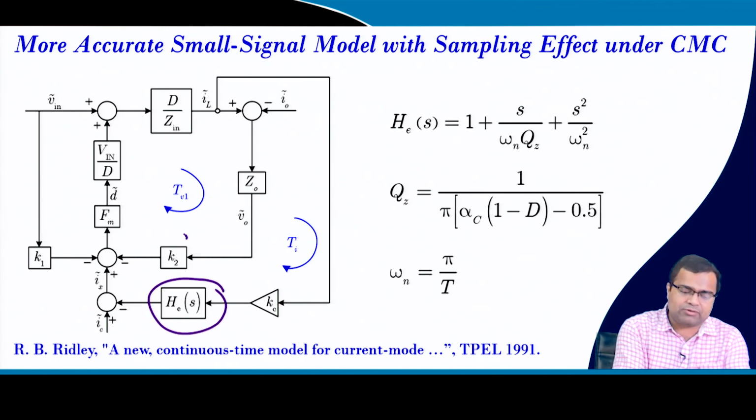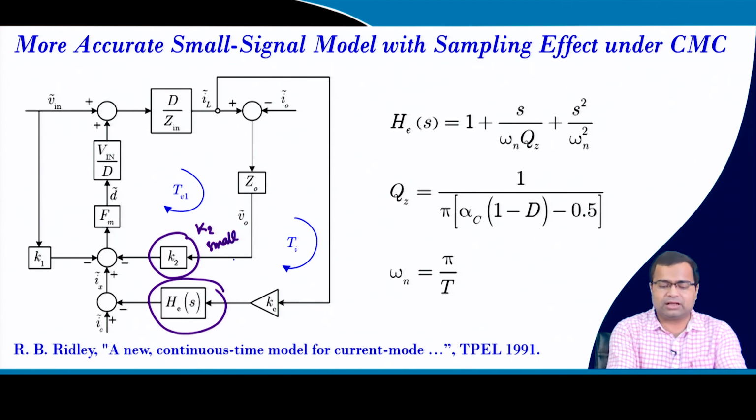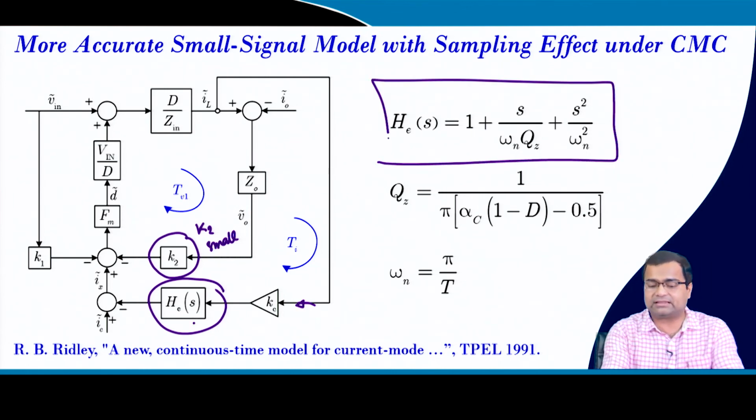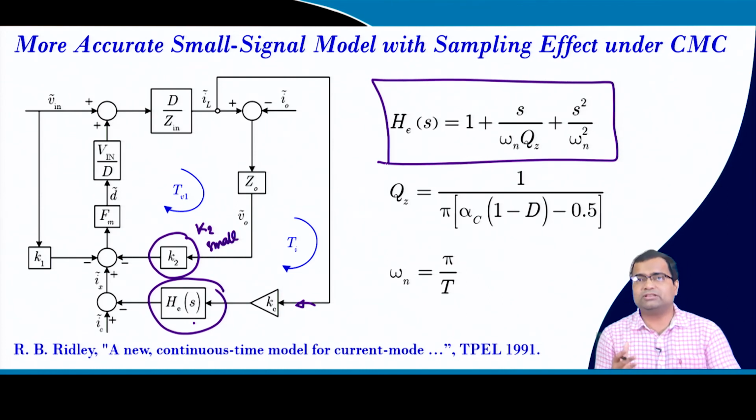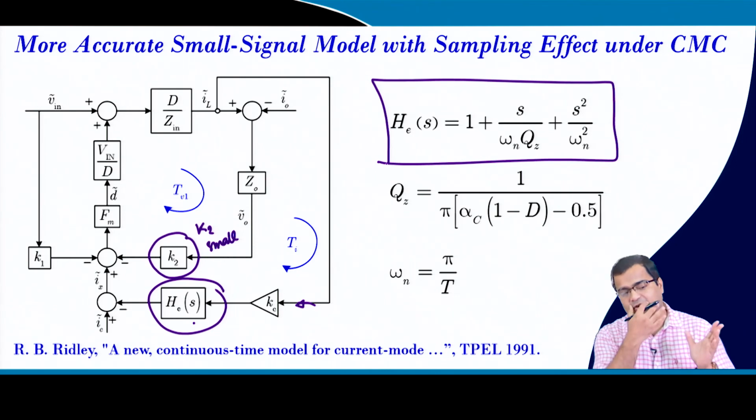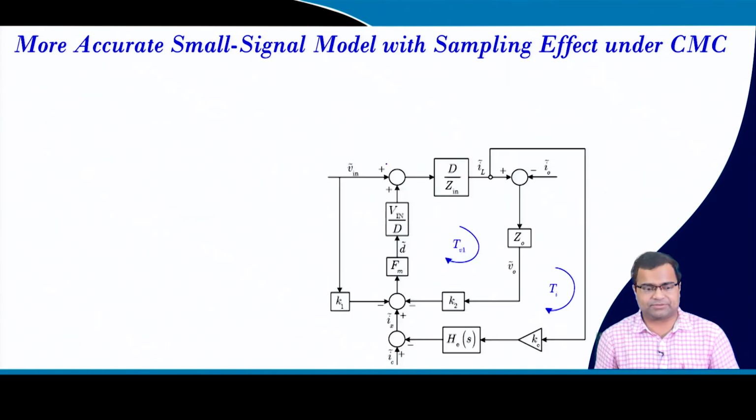Earlier we neglected K2, which was very small, so they ignored it, otherwise this loop will come, and we consider the current loop, right, and this HAS is coming due to the sampling effect. That is the term which was derived from the discrete time model, and then from the conversion from discrete time to continuous time, the natural sampling effect was captured.